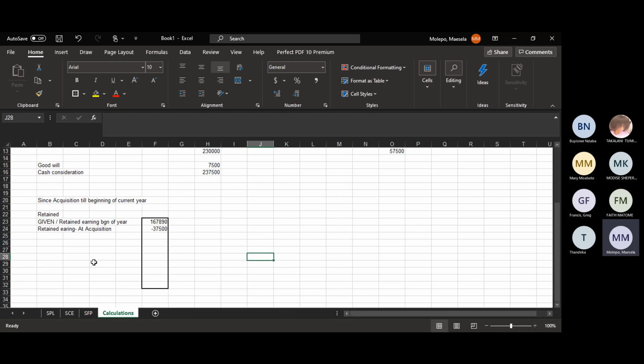So this 75,000, is it going to form part of any unrealized or realized profit, based on your understanding of the module now? Anyone to answer?